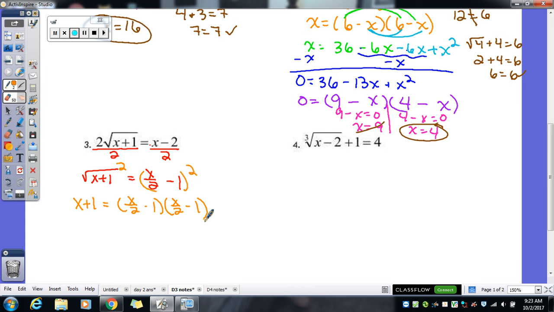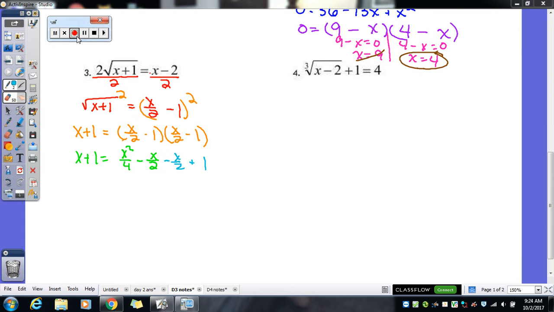So let's have you take a minute and multiply out your right side over here. Do your distributive property. I'm going to combine my like terms here. These are both 1, so that would become 2x over 2 plus 1. I'm going to bring that over too. No, we wouldn't cancel it out.